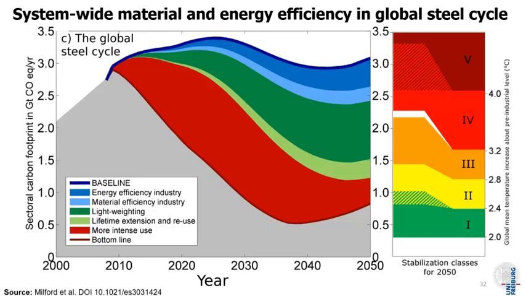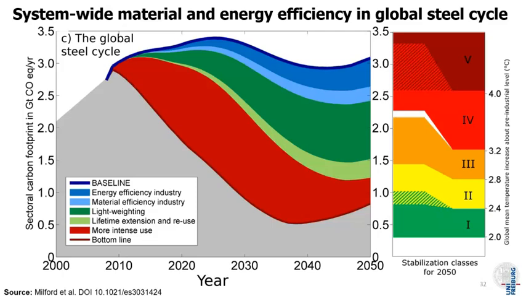We compare the global steel cycle's performance with the average industrial performance across the globe, linking it to a temperature range of global warming. And you see, to go down to lower ranges of global warming, we need to switch on additional strategies. There needs to be more energy efficiency in industry.